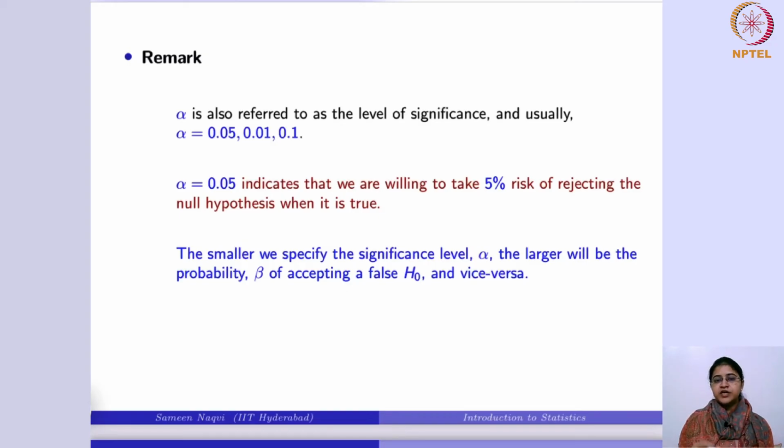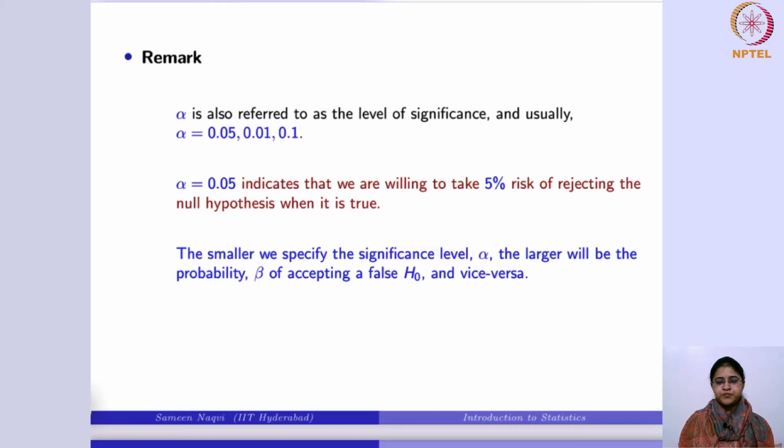If rejection is decreasing, the probability of committing beta is increasing, right? Because then acceptance would increase. And what is the definition of beta? Beta is the probability of failing to reject the null hypothesis when it is false. So you see that of these two types of errors, if you decrease one, the other would increase, and vice versa.